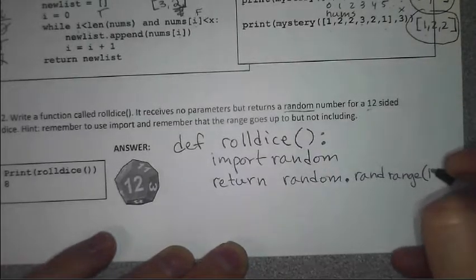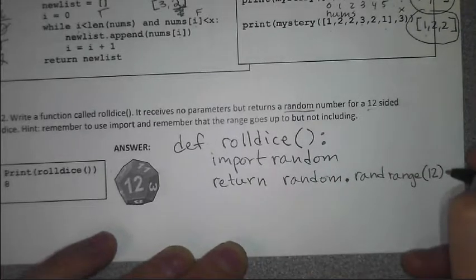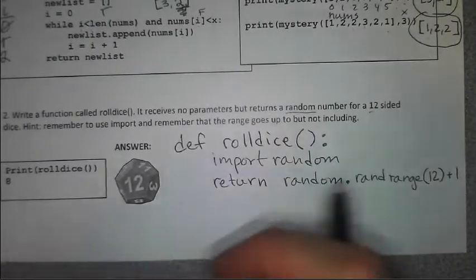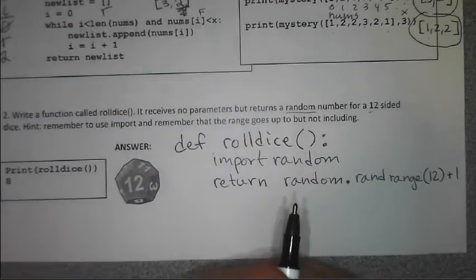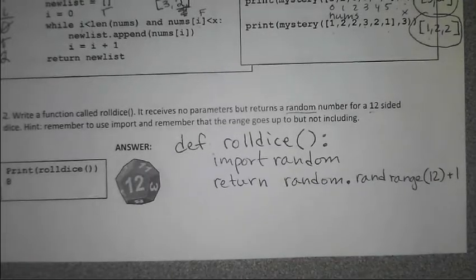If I say rand range 12, that will give me a random number between 0 and 11. I want it to be from 1 to 12, so I just shift it by 1. So if it picks a 0, it would be a 1. If it picks an 11, it would be a 12, and anywhere in between. It just shifted up by 1, and that would be a good solution.